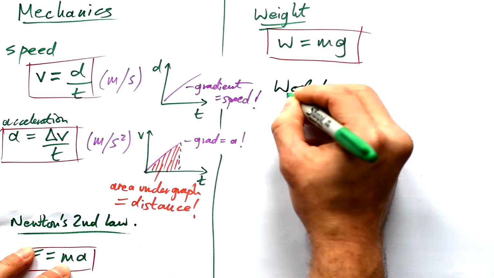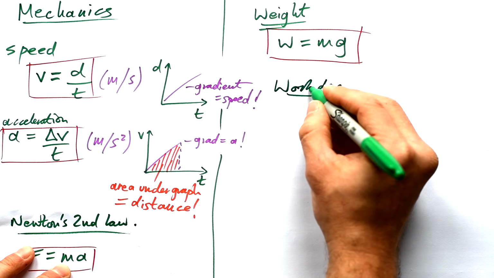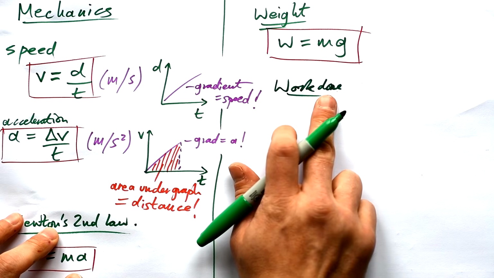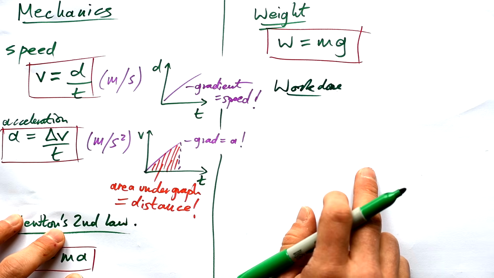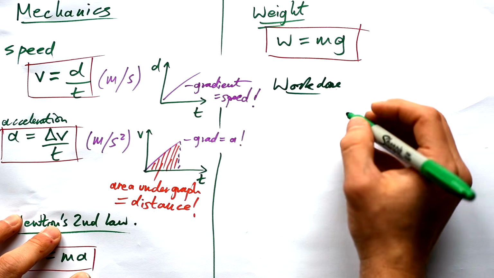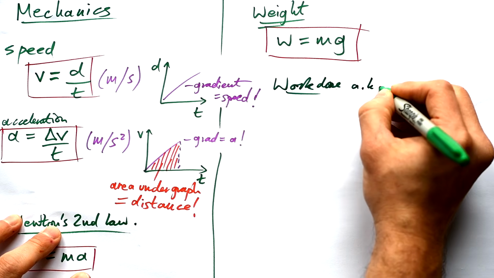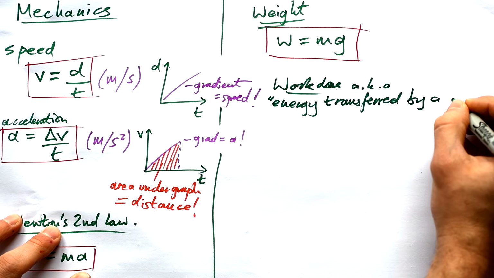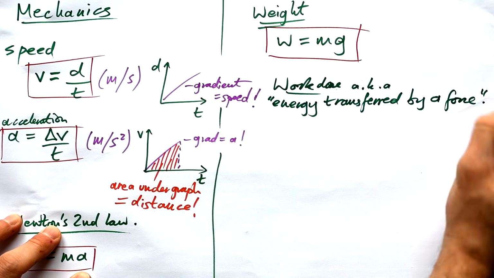Now this one's fairly new as well, work done. Now, I do not like the term work done, and you can tell by the fact that I can't write it either. Work done is just another name for energy, aka energy transferred by a force. So that's all it is.